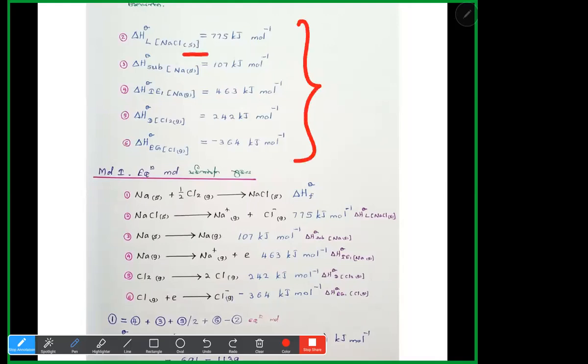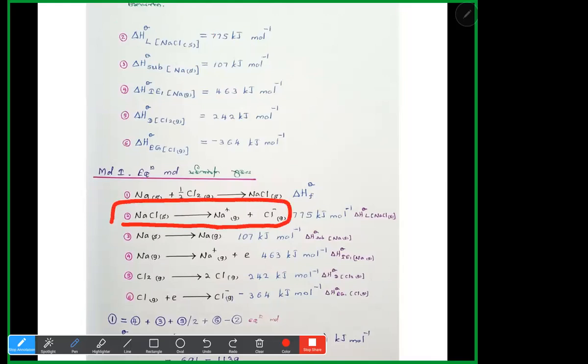So the first one they were given, lattice dissociation enthalpy of sodium chloride. So that is sodium chloride solid dissociating to sodium plus gas and Cl minus gas. I'm just writing the value here and the symbol for your practice.